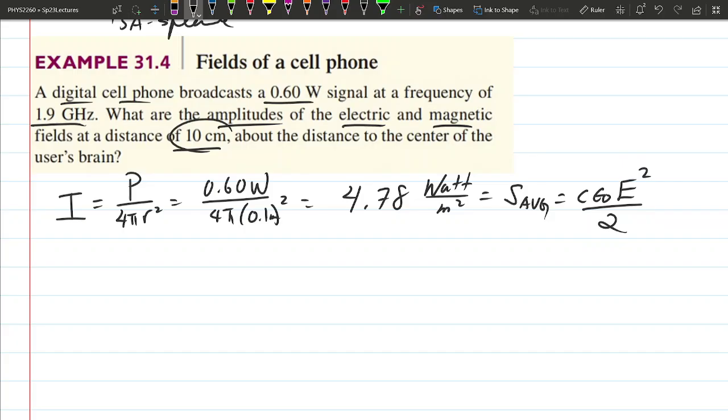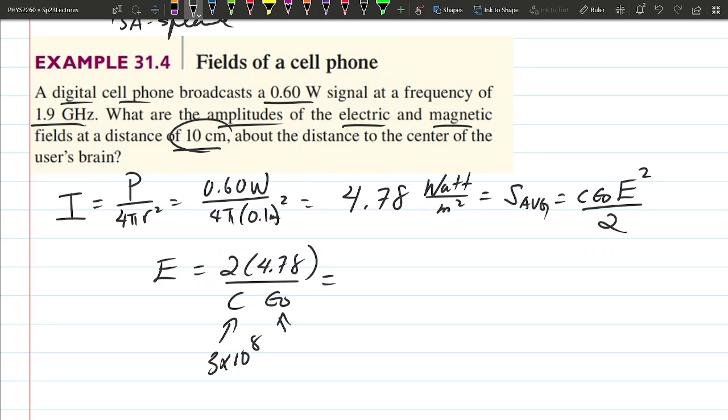Now we can solve this for the electric field. This is 2 times 4.78, divided by the speed of light and epsilon naught, all square rooted, because there's the square here. The speed of light is 3 times 10 to the 8, and epsilon naught is 8.85 times 10 to the minus 12.